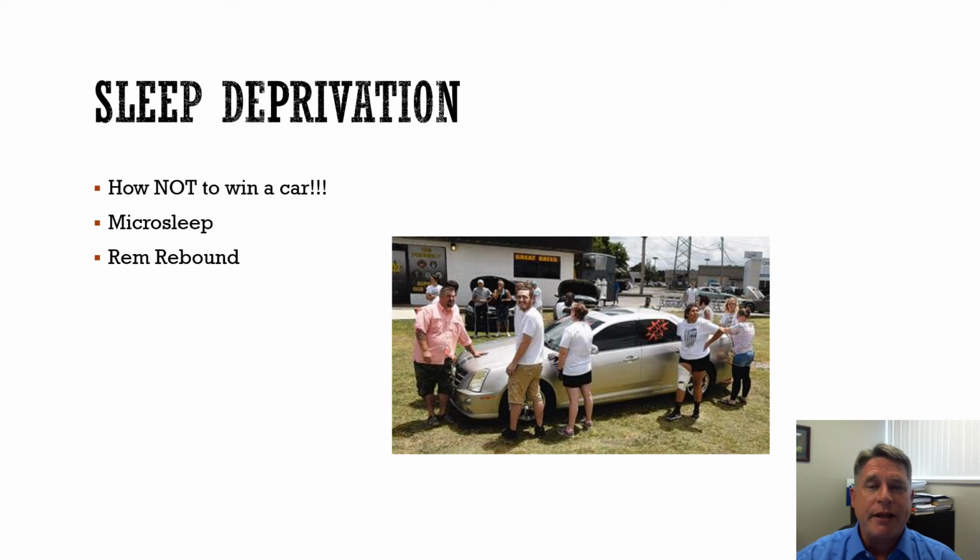Another thing that we see with people who are sleep deprived is what is called a REM rebound. A REM rebound simply means that if you are deprived of sleep and your body needs to catch up on its REM, when people finally do get a chance to go off to sleep, science has found that they enter REM much more quickly.